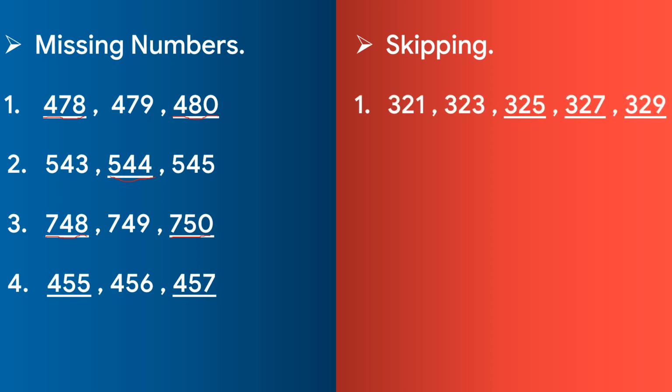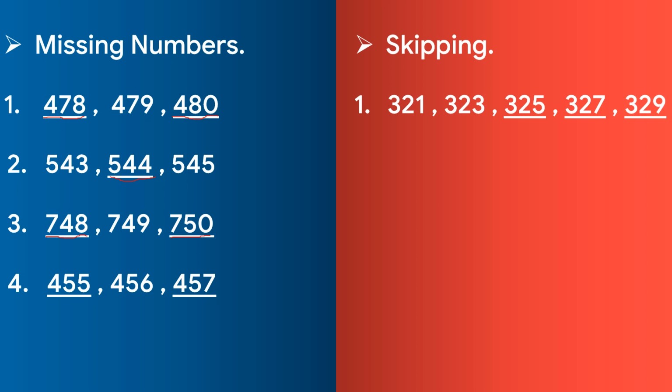Your next topic is skipping. We already studied counting forward and counting backward. The first rule of counting is that you have to see whether the series, the pattern, is forward or backward.